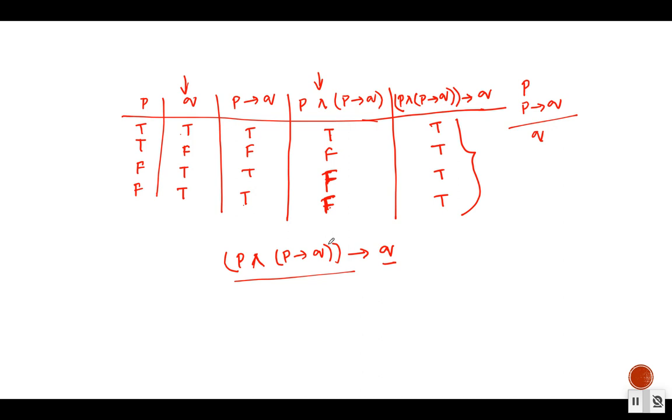If both of our hypotheses are true, that implies that our conclusion is always true. So that's the tautology: if all of our hypotheses are true, that implies the conclusion is always true. And that is the definition of a valid argument.